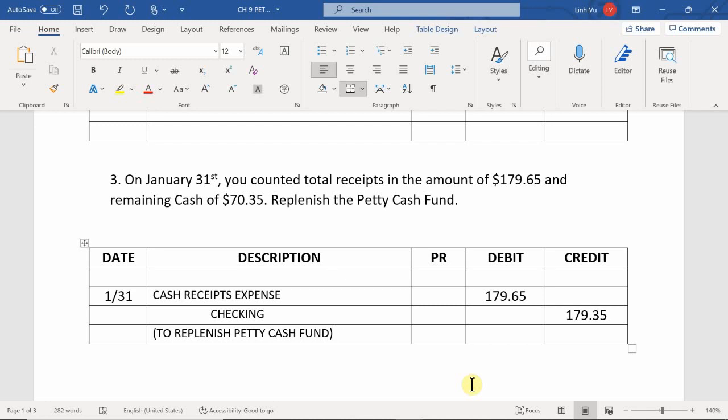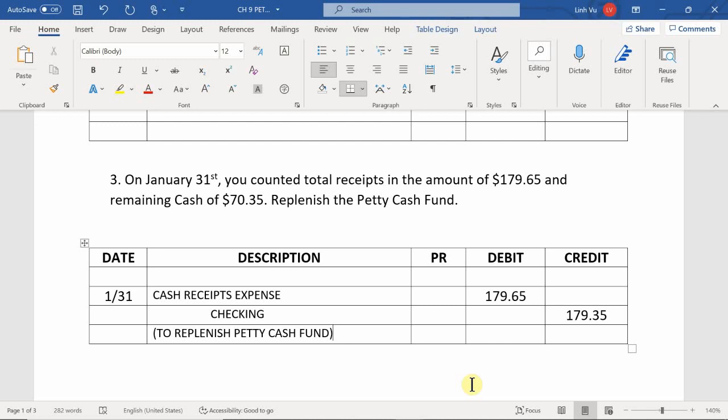I take each receipt, look at what that expense is, and record it, and slowly, one by one, calculate all of my expenses, and then convert that by writing a check to cover all of those expenses. Make sense? So basically, I'm taking those vouchers and converting them into cash, so then I have more money to spend for the next month.